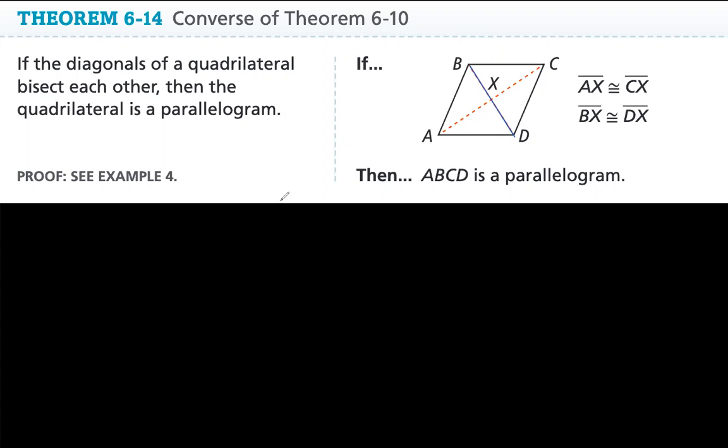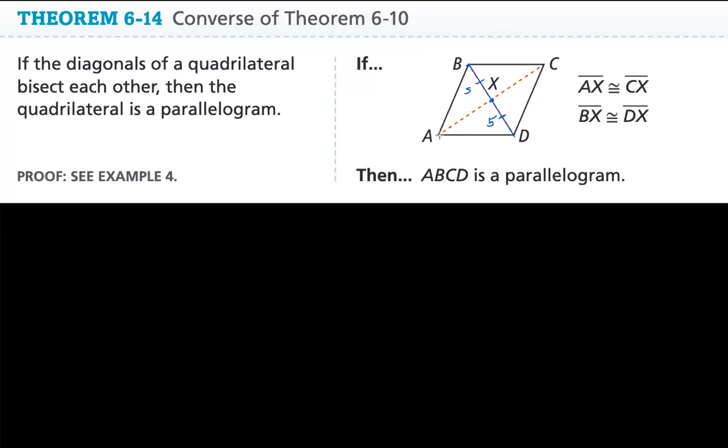So that means that the distance from B to X is the same as the distance from X to D. All right, so if this is, let's say, 5 units, this is going to be also 5 units. Kind of a similar thing happens vice versa. So now the diagonal BD bisects the other one. I'm going to do that in, let's say, green.